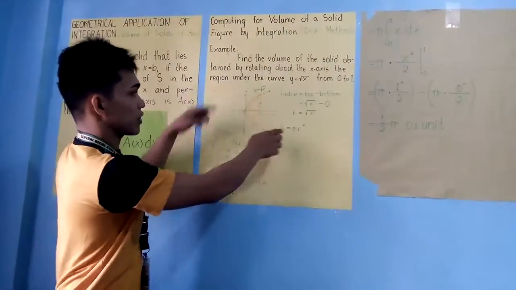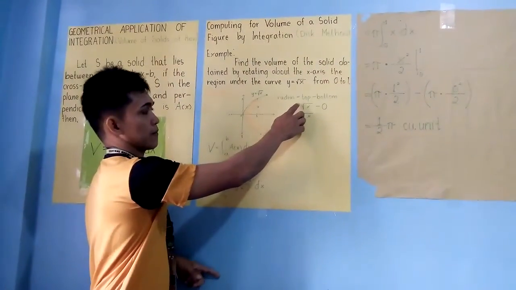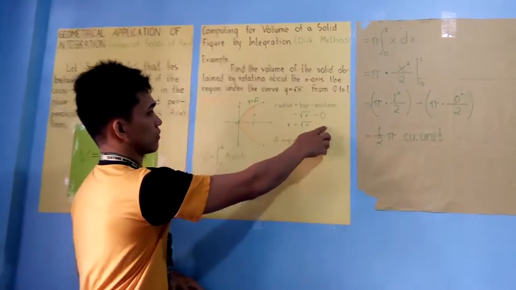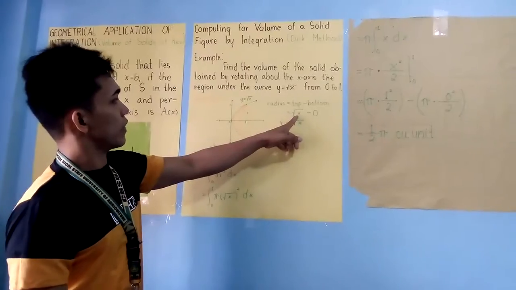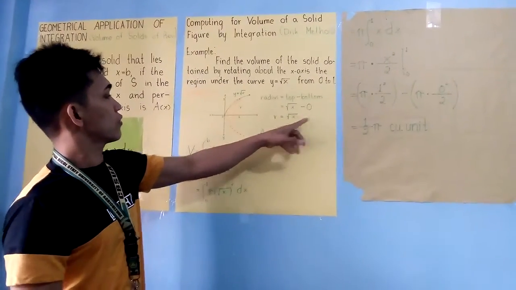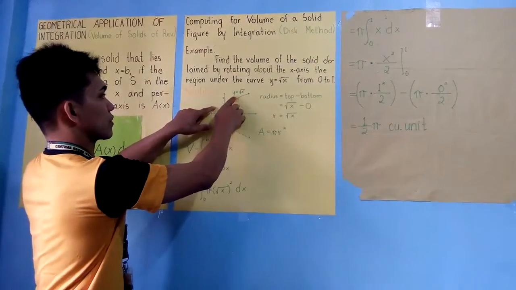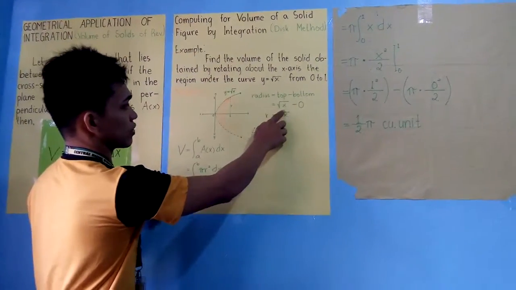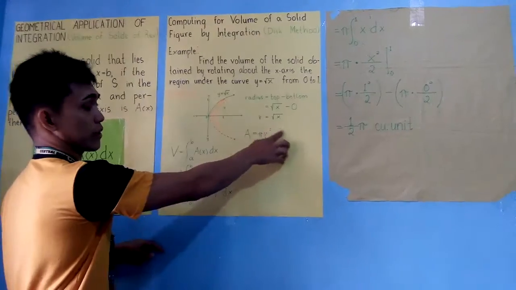We can find the radius of a circle from radius equal top minus bottom, which is the square root of x minus 0, because this graph is the function y equals the square root of x. Therefore, the square root of x minus 0 is equal to the square root of x.